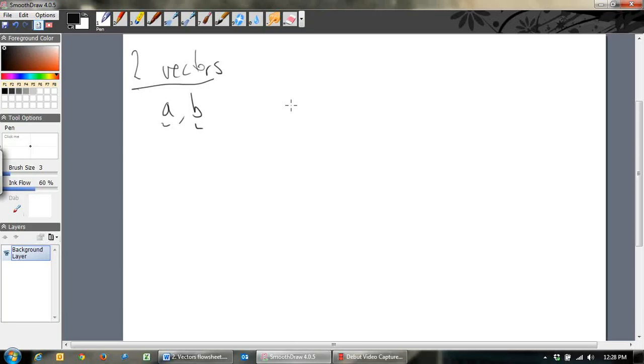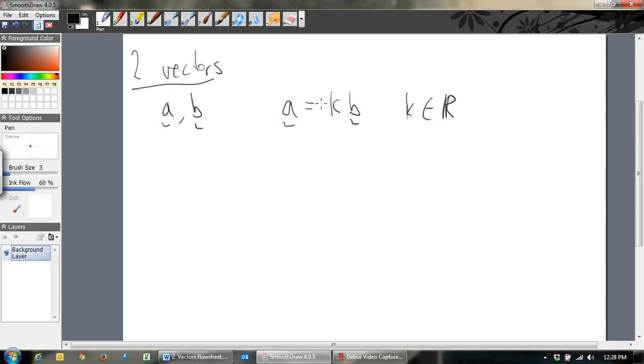In other words, you can write A as some number times B, some scalar quantity K times B. So that's how we can write A in terms of B.